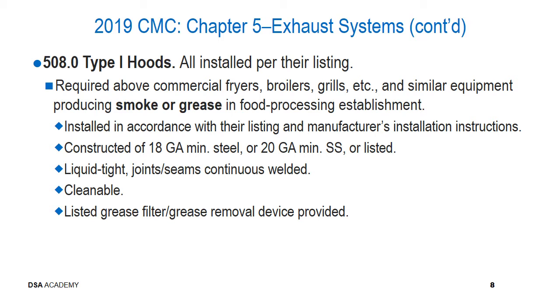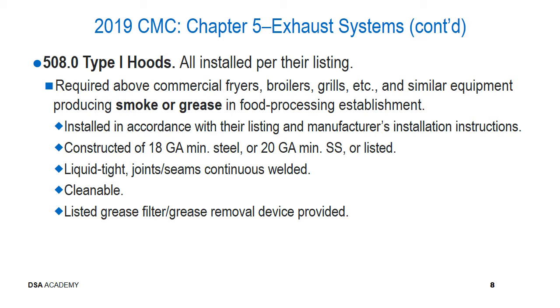They're required to be constructed of 18 gauge minimum steel or 20 gauge minimum stainless steel, or per their listing. These ducts have got to be liquid tight, and the joints in the seams are required to be continuously welded.